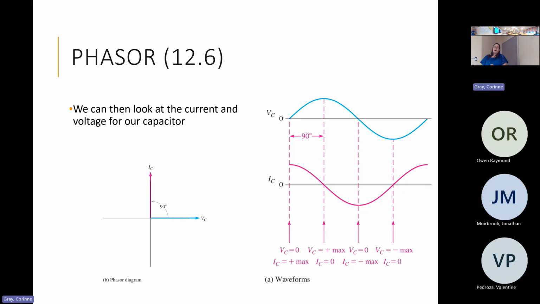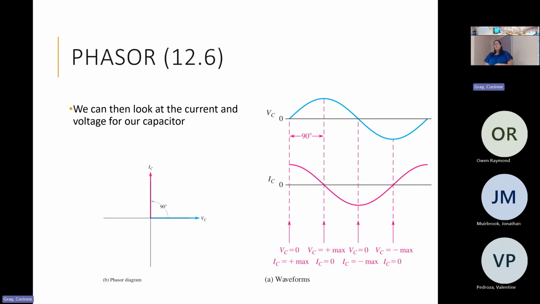For that, it turns out there is some math that we can utilize, especially when we have an AC source. When we do our AC resistor capacitor circuit, and then our AC resistor inductor circuit, and then our AC resistor inductor capacitor circuit, it all starts to look the same.